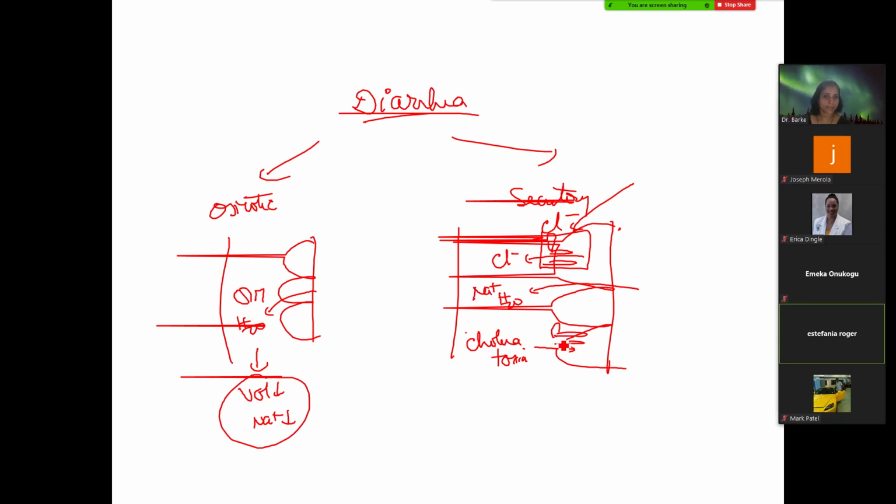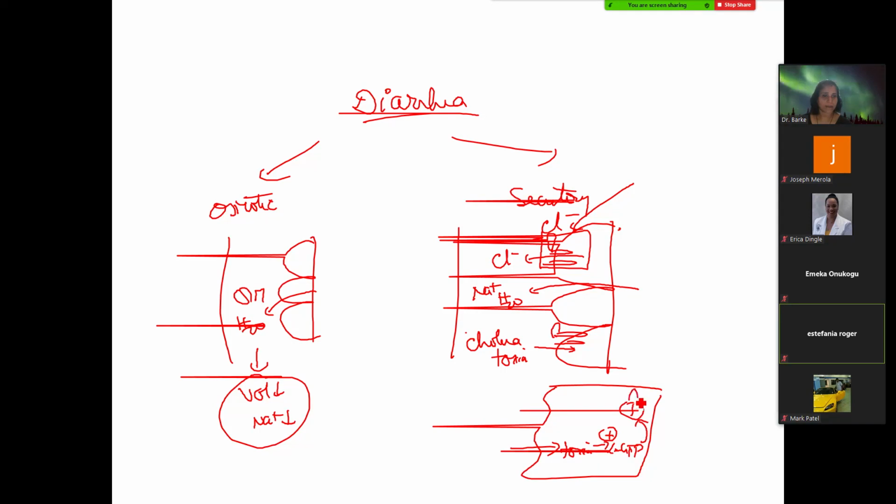They do ask you about this mechanism. The toxin keeps stimulating the alpha GTP, which will continuously activate adenylyl cyclase. Cyclic AMP levels will keep increasing, and that keeps the chloride channels open.